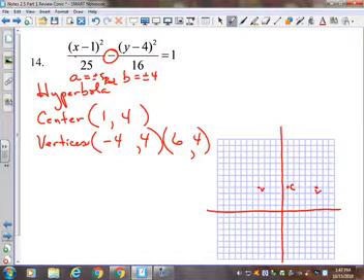Now, the B is for fake vertices. So we count 4 up and 4 down. 1, 2, 3, 4. 1, 2, 3, 4. And we don't label them, but we do plot them. Now, a hyperbola of this type looks like this.